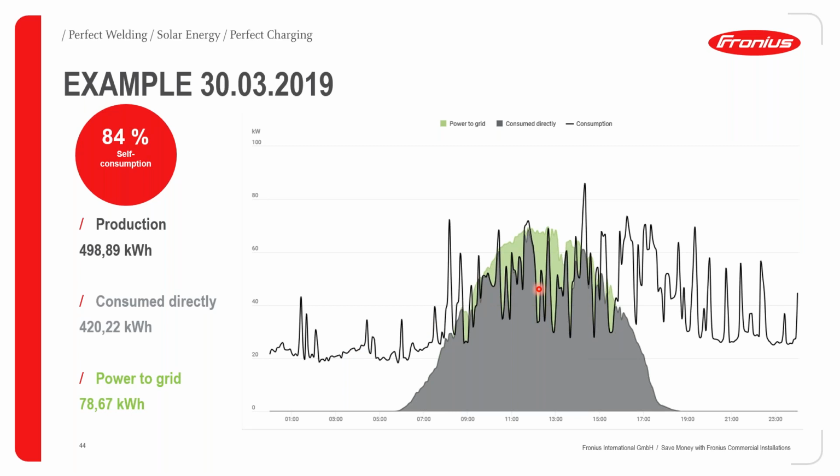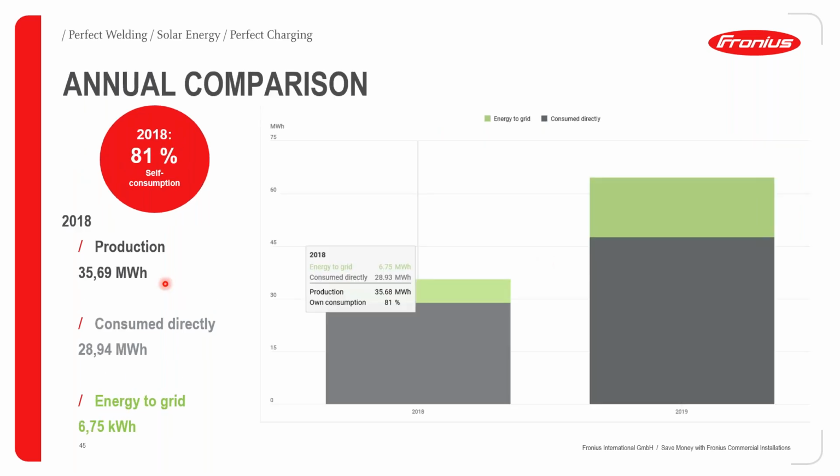Doing an annual comparison, we can now see that for 2018, we had a production of 35.69 megawatt hours. Out of this, 28.94 megawatt hours was consumed directly, and a meager 6.75 megawatt hours was fed into the grid.